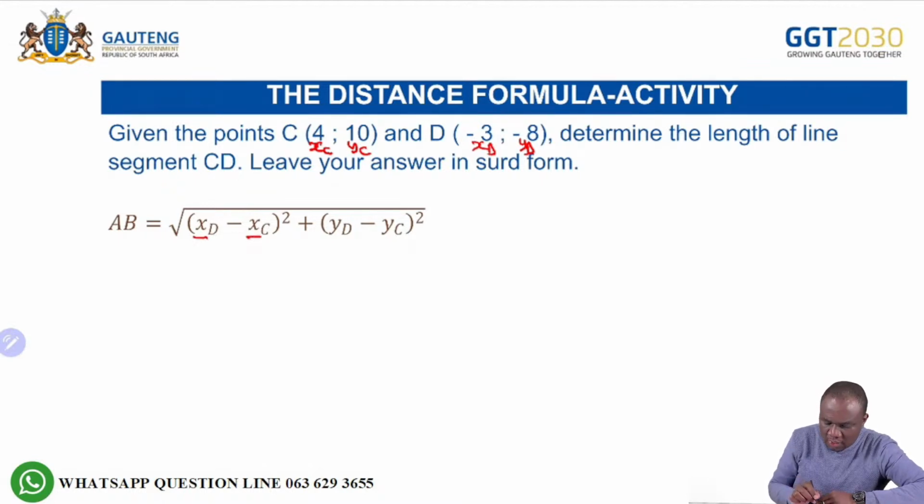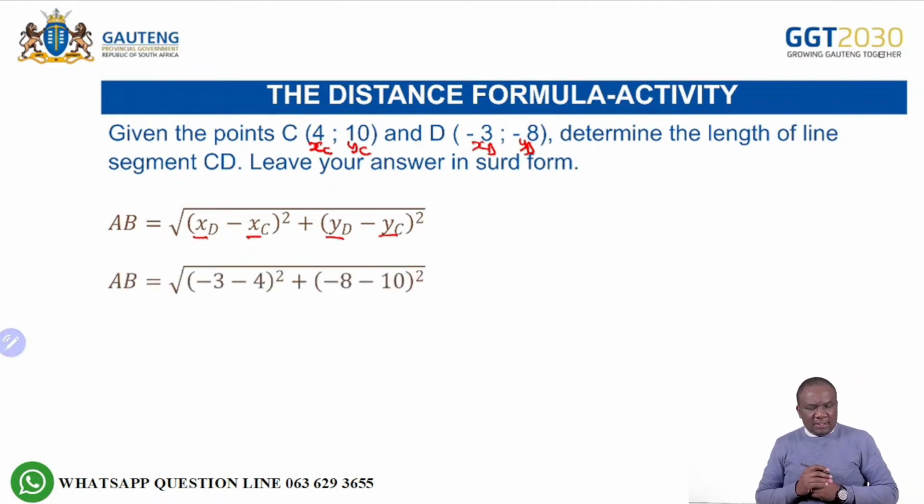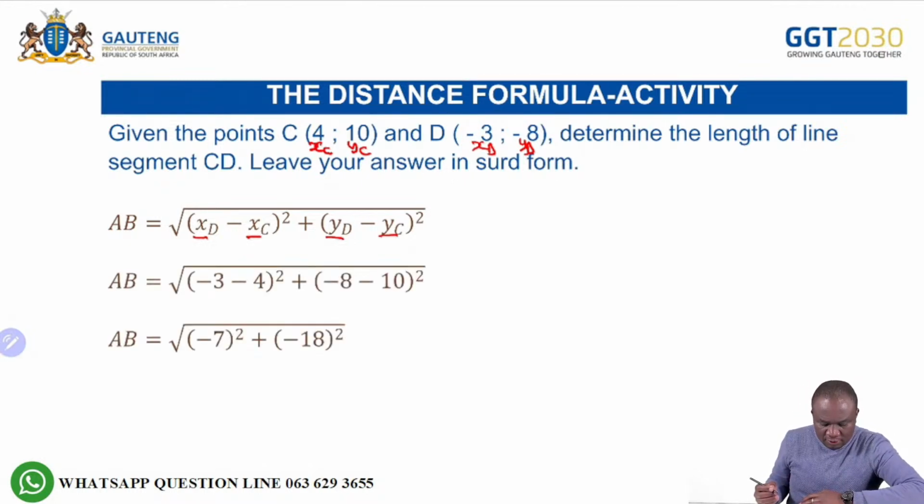And then where there's yd, we put -8. And then where there's yc, we put 10. And then our substitution should be like this. Okay, right? And then you can simplify that and then put in the calculator. What do you get? We get that AB is the square root of 373.